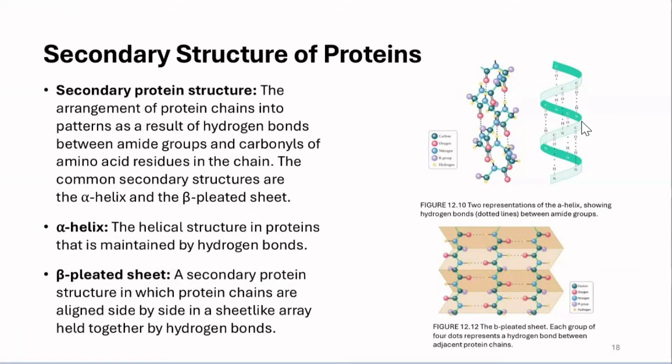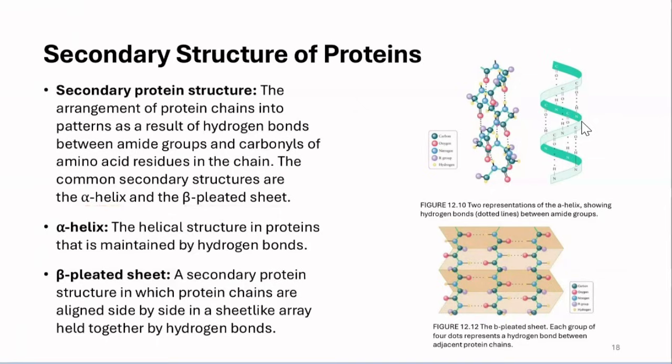So that means that the secondary structure for proteins actually comes from hydrogen bonding events that happen in the backbone of your protein. The structures that result from these hydrogen bonding events are known as alpha helices or beta pleated sheets.